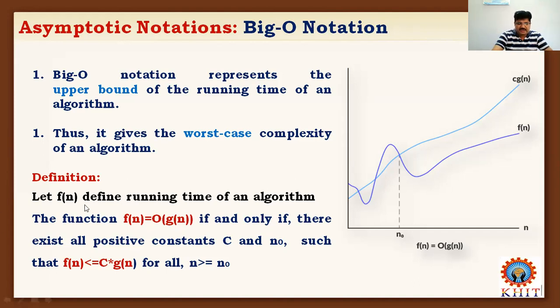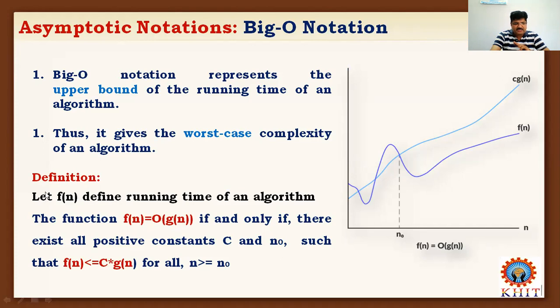Let us talk about the definition. There are two functions here, f of n, the given function, and g of n, another function. The statement is f of n equals O of g of n. That means a function f of n is said to be big O of g of n. Let f of n define the runtime of the algorithm.